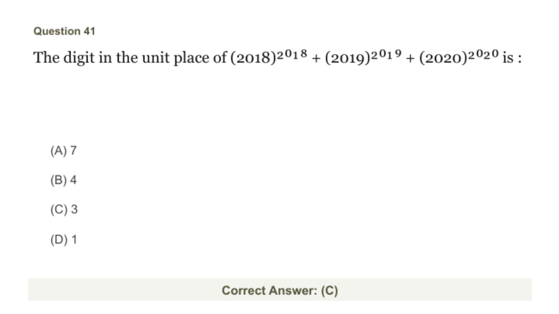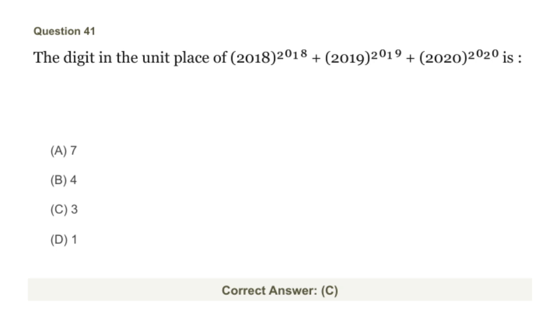Putting all of this together, the units digit of 2018^2 will be the same as that of 8 raised to 2018, which, based on the cycle, is 4. The units digit of 2019^2 will be 9, since 9 raised to an odd power ends with 9. And the units digit of 2020^2 will be 0, because any power of a number ending in 0 ends in 0.